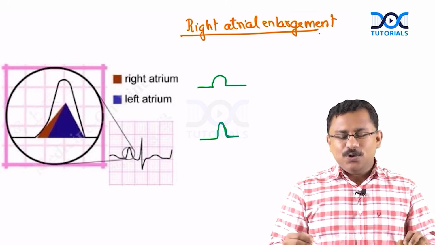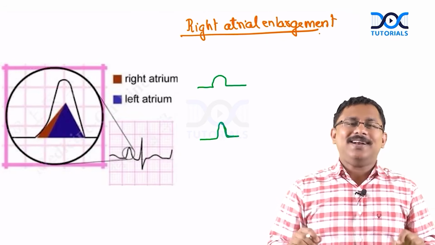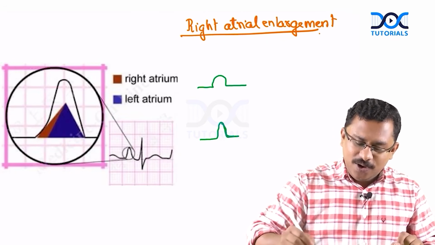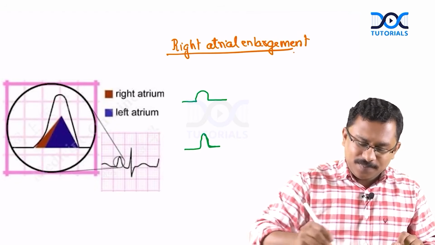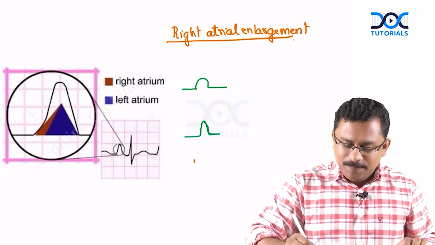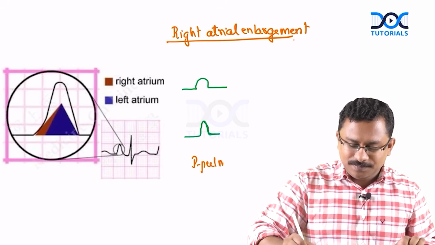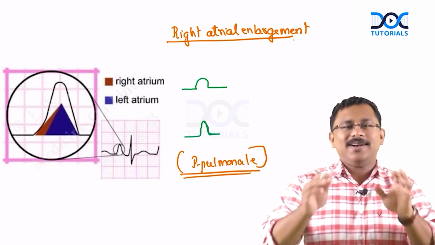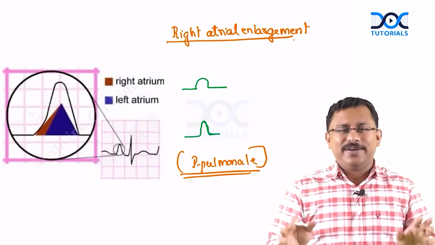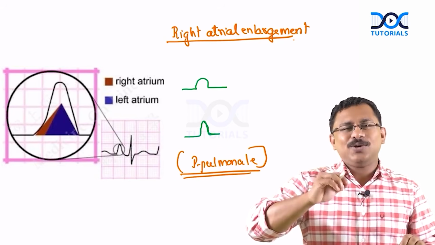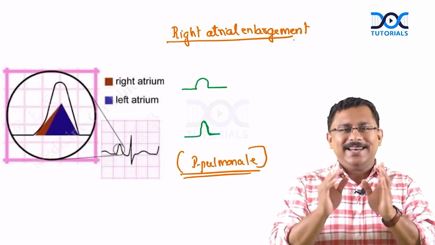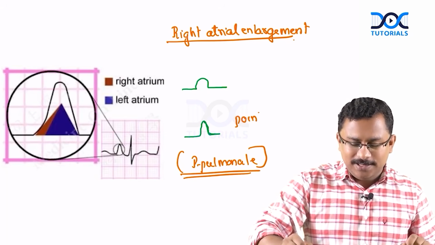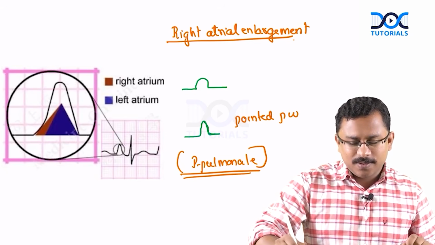So you will have taller P waves, and this is actually called P pulmonale. So rather than the rounded smooth dome shaped configuration, you are having slightly taller and slightly pointed P waves.